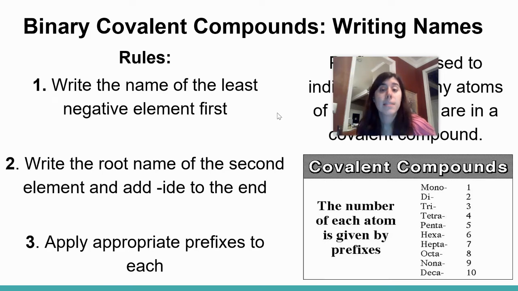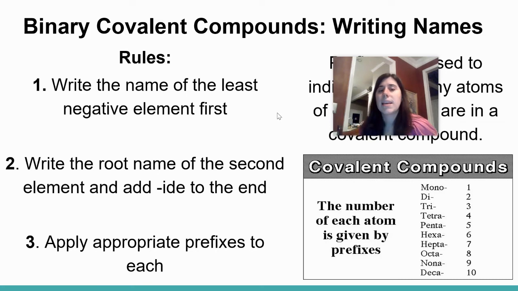Same rules as ionic. You'll name the second element by its root name and then add -ide to the end. So just like ionic, you're going to end with -ide. This part's a little bit different though. Instead of just leaving it as first name, last name -ide, we have to go through and add our prefixes so that we identify the different compounds and not just call them all Nancy.